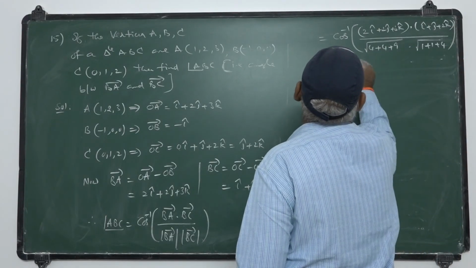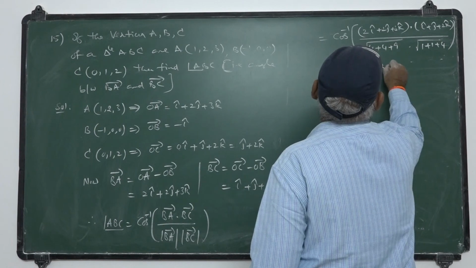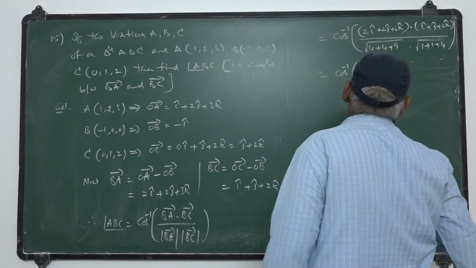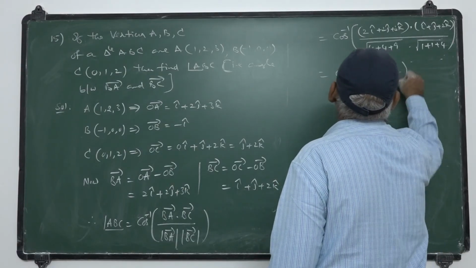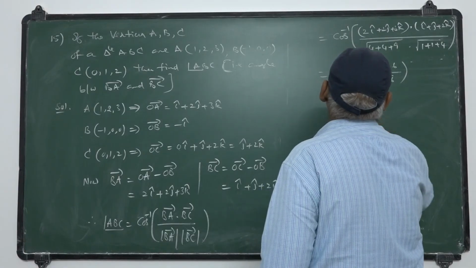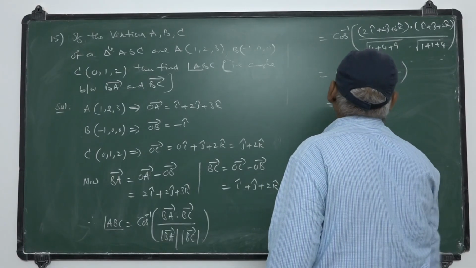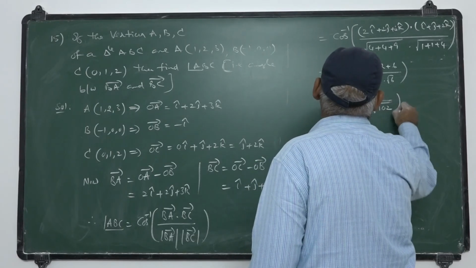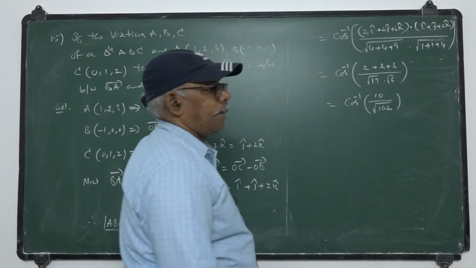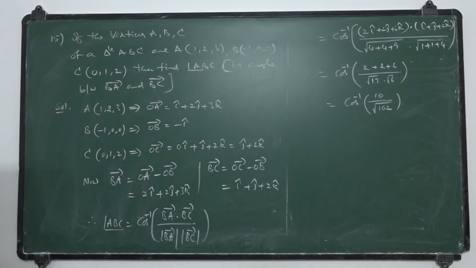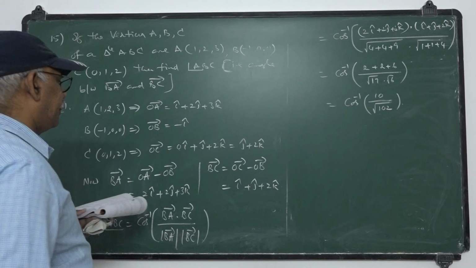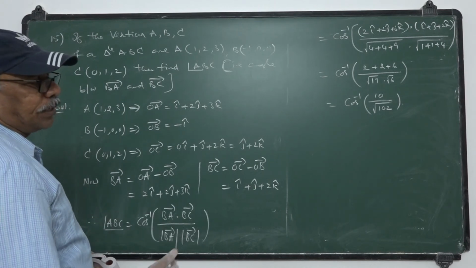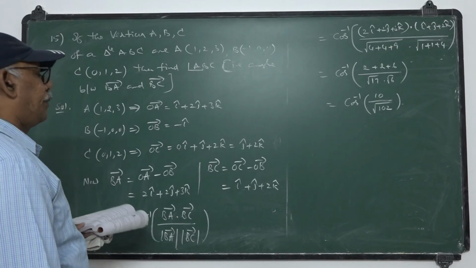That is cos inverse of 2 plus 2 plus 6 by root 17 into root 6. Cos inverse of 10 by, 17 into 6 is 102. So 10 by under root 102. Still you can simplify that one. So angle ABC is cos inverse of 10 by square root of 102 itself.